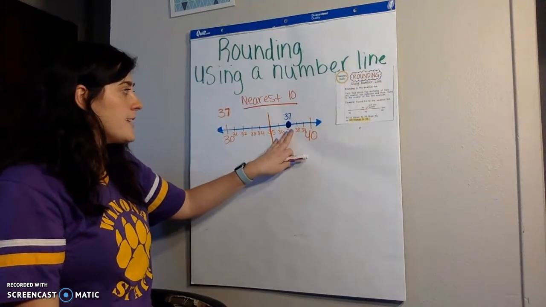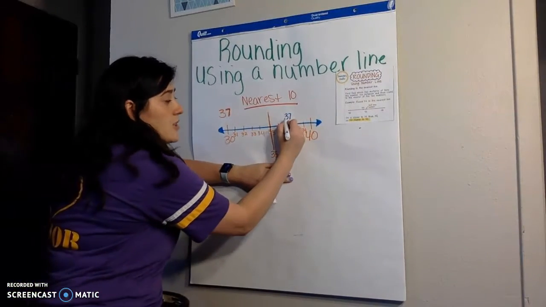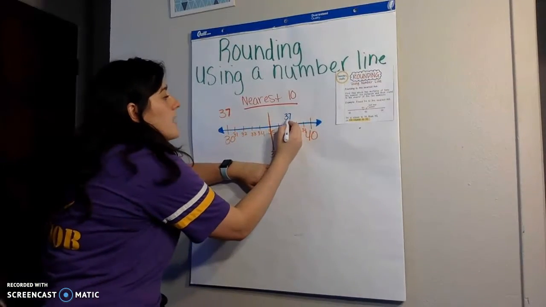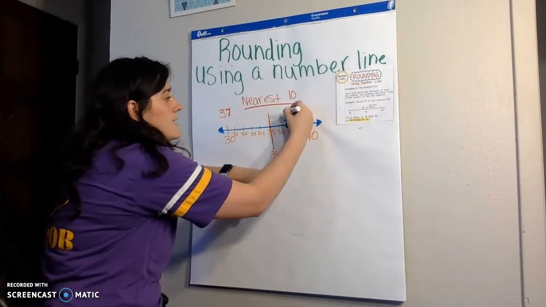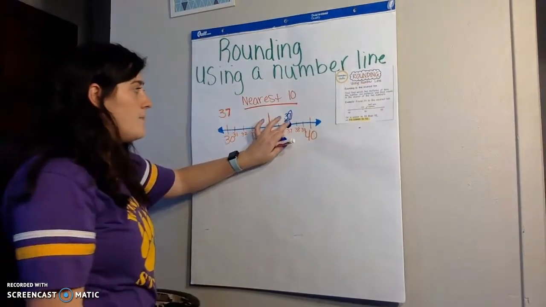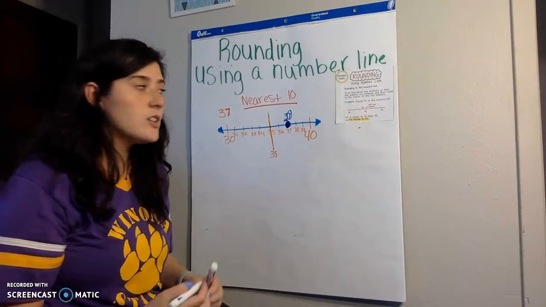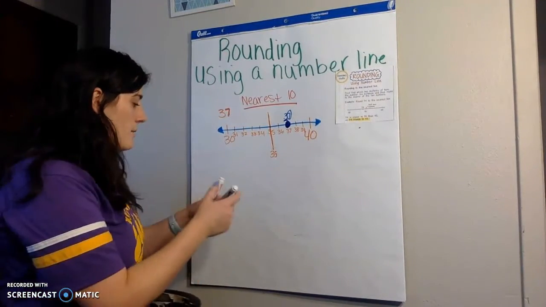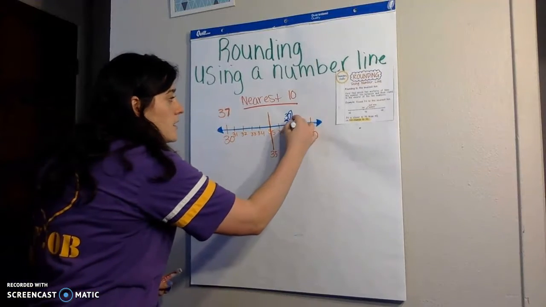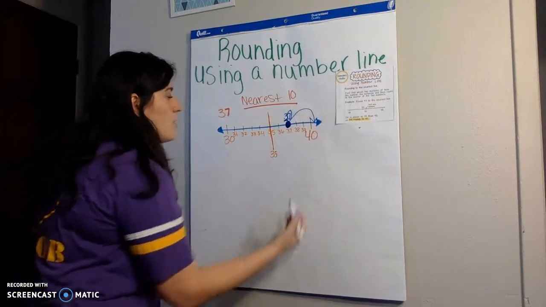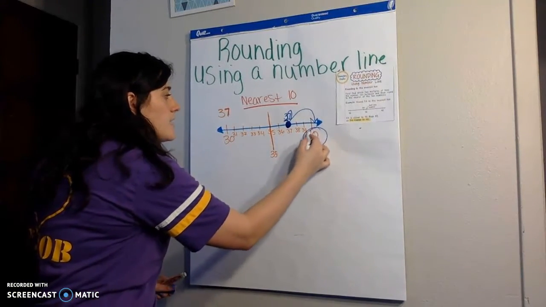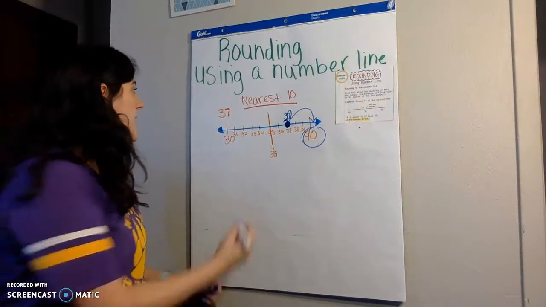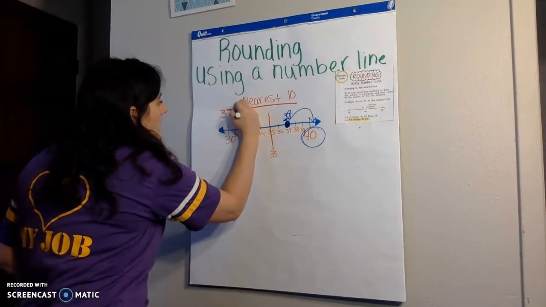So if I do the same thing like I did in the previous video, I underline my 3 because it's in the tens place, and circle my 7 to give me that clue. I know 7 is more than 5. So I'm going to round to 40. My nearest 10 is going to be 40. So I had to round up.